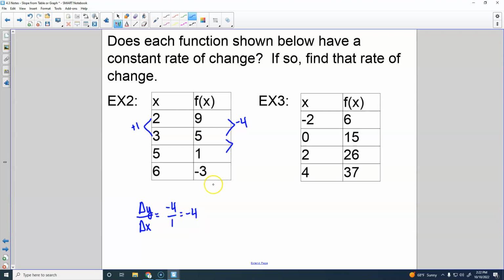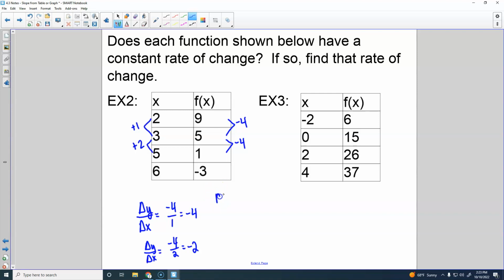Caitlin, from 5 to 1, what happens there? Minus 4 again. But Caitlin, from 3 to 5, I'm adding 2. So if I do change in y over change in x, for this one, I'm going to get negative 4 divided by 2, which is negative 2. Are those the same? No.